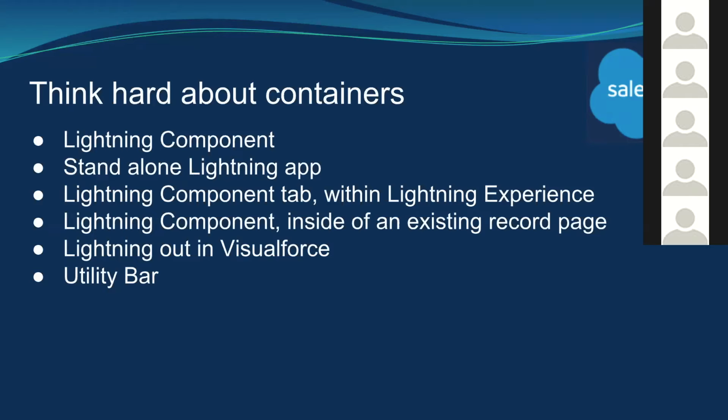The reason I like to think about this is I see this as very high-level planning, a strategic decision to make. So the things you want to think about are: are your users using Classic or Lightning or a mixture of both? You want to think forward to the future.